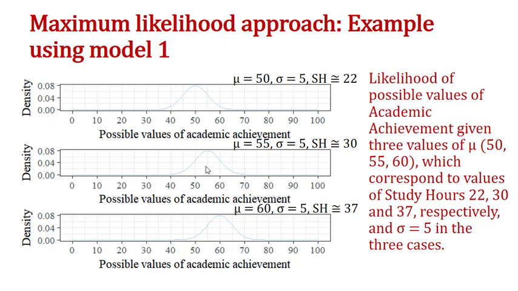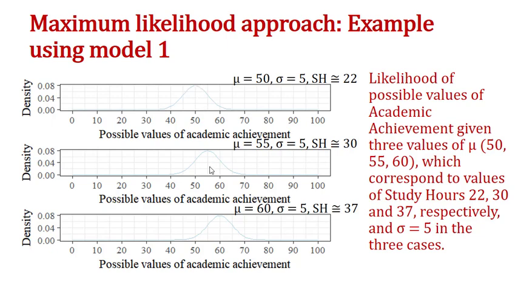Okay, so this is similar as before, but in this one, if the mu is 55, so that corresponds to study hours of 30, and if we obtain the value 50, then it has less likelihood than in this distribution.